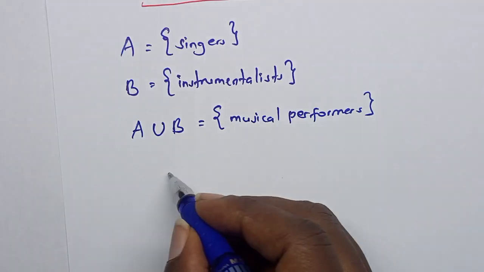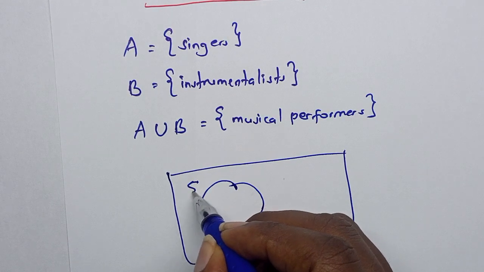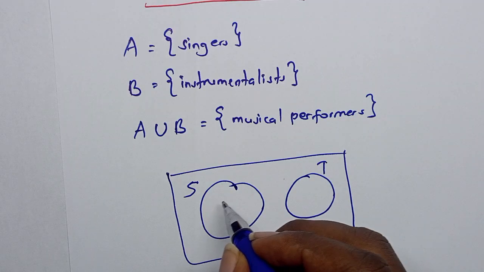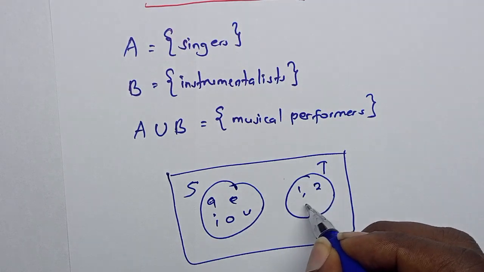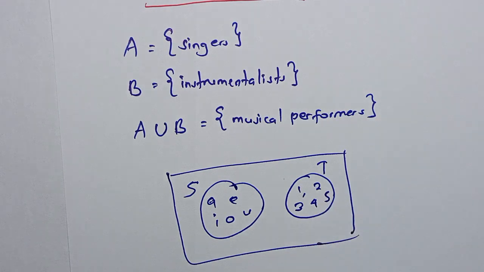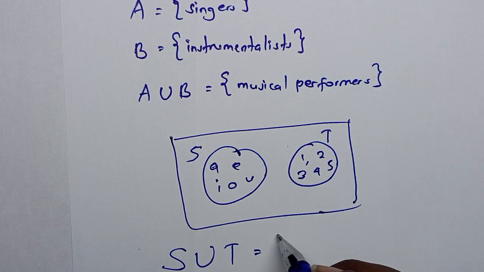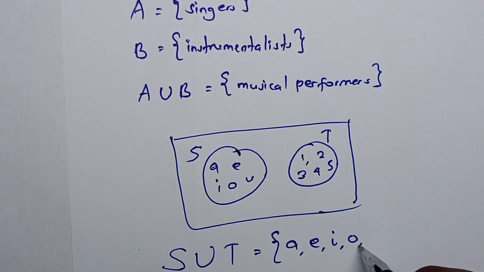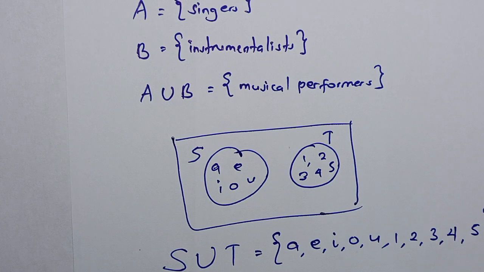For example, if you have a Venn diagram like this, and this is set S, this is set T, and here we have A, E, O. Here we have 1, 2, 3, 4, 5. So S union T will be A, E, O, 1, 2, 3, 4, 5.